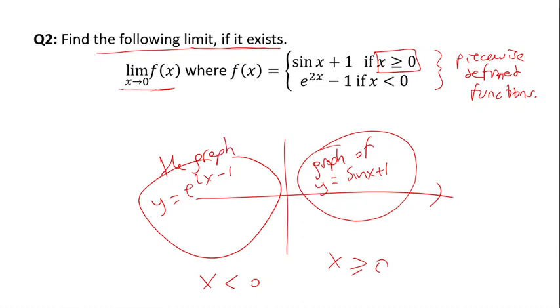Now, I'm trying to do the graph here because we didn't show you the right limit and left limit issue. So we will make the graph and try to find the limit by using the graph here.